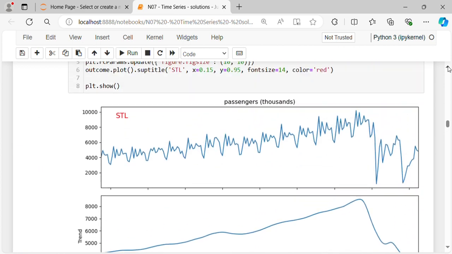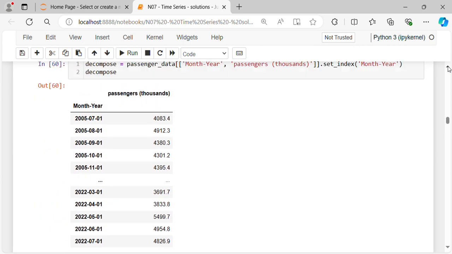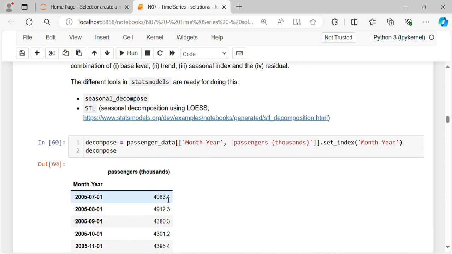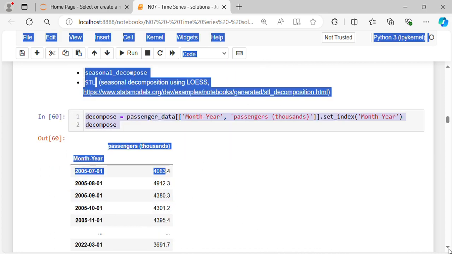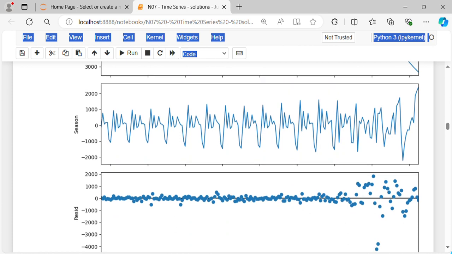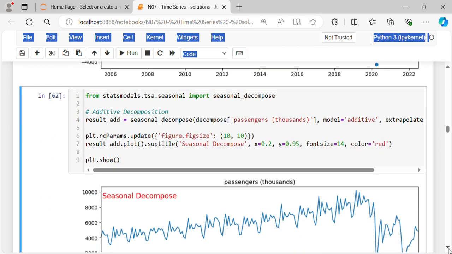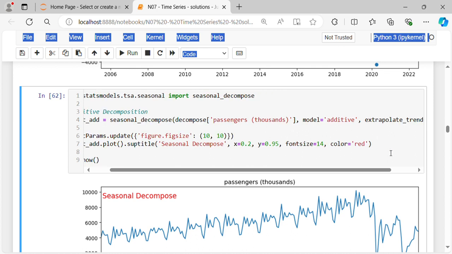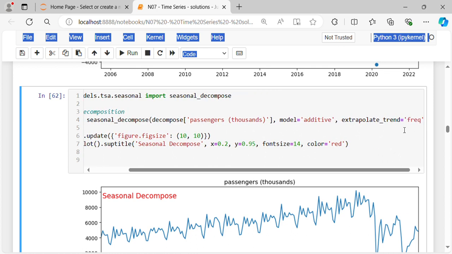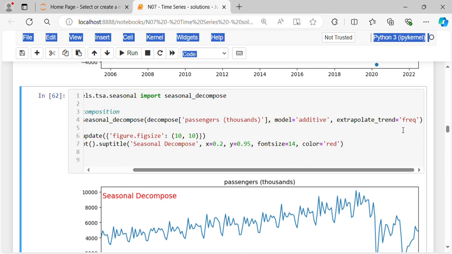So the data frame that we formed, that is decomposed data frame, which is this one, and the passengers in thousands column. Model equal additive, extrapolate_trend equal freq. So freq, which is for frequency.